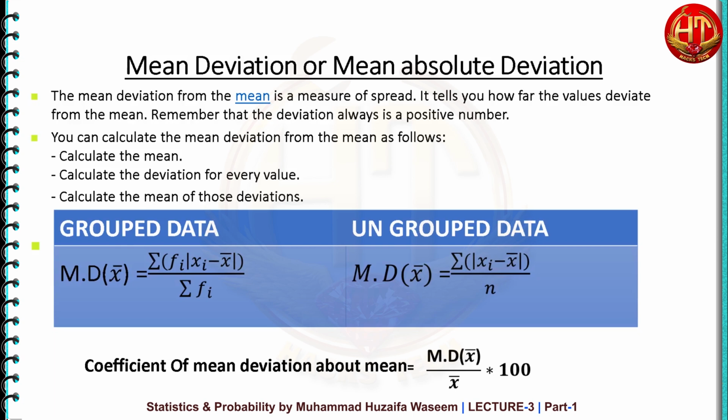The coefficient of mean deviation about mean is equal to the mean deviation about mean divided by the mean, multiplied by 100. When you have to compare two data sets according to their mean absolute deviation, then you have to calculate the coefficient of mean deviation about mean.